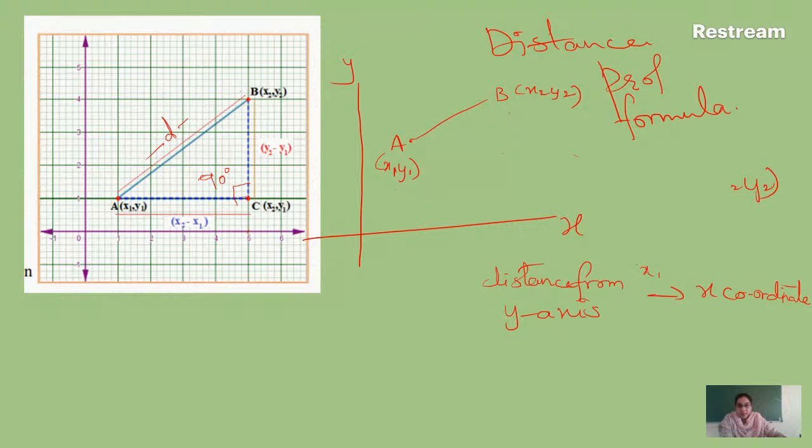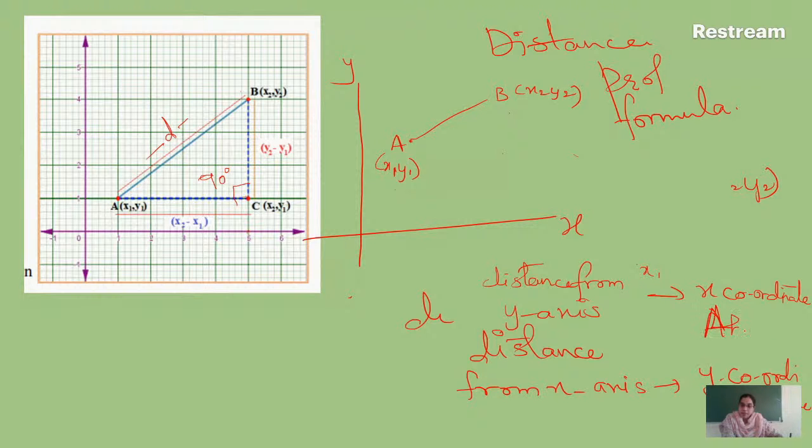And the distance from the x-axis is represented by the y coordinate, which we call the ordinate. The distance from the x-axis of that point is called ordinate, whereas the distance from the y-axis, represented by the x coordinate, is called abscissa. Right?